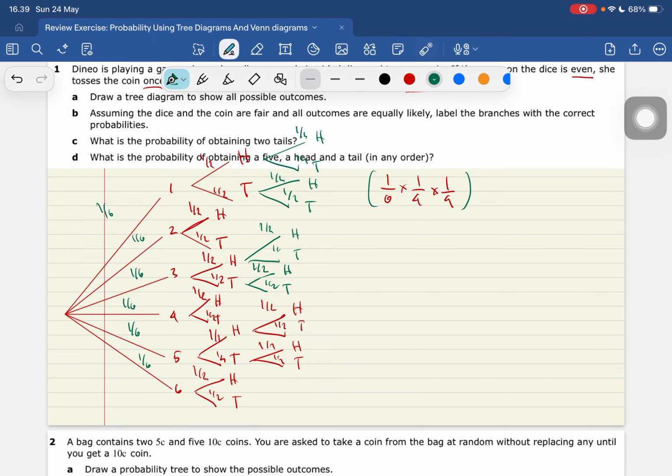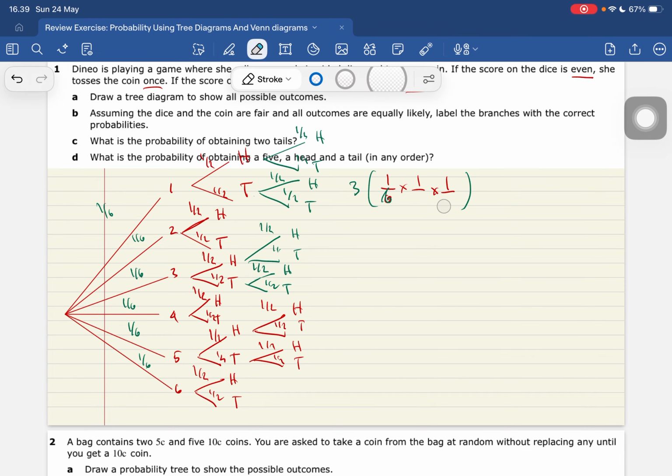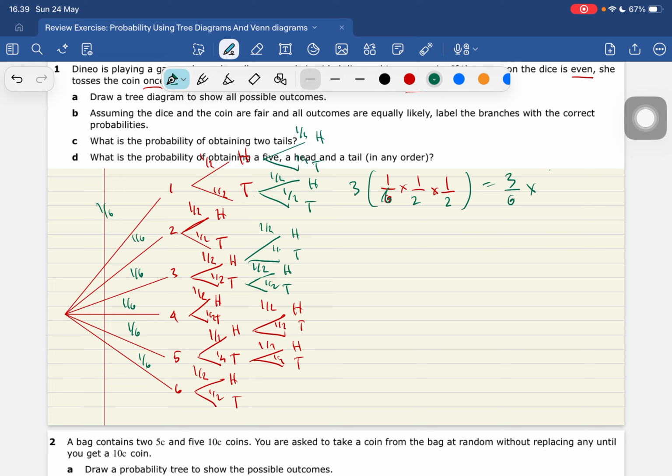So we multiply it by 3 here. The probability of obtaining 2 tails: oh, here is 1/2, not 1/4. Okay, we continue. So this is 3/6 multiplied by 1/2 times 1/2. So the probability of obtaining 2 tails is 1/8.